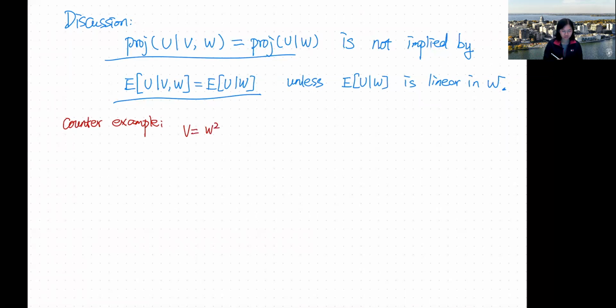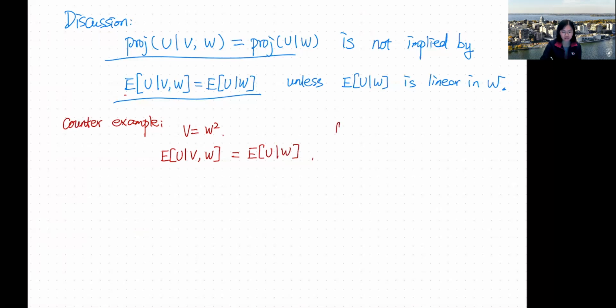If V equals W squared, then when W is given in the conditional expectation, V is completely determined. So E[U|V,W] equals E[U|W].